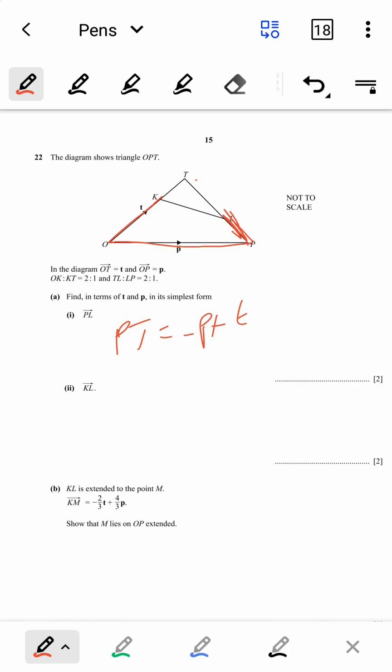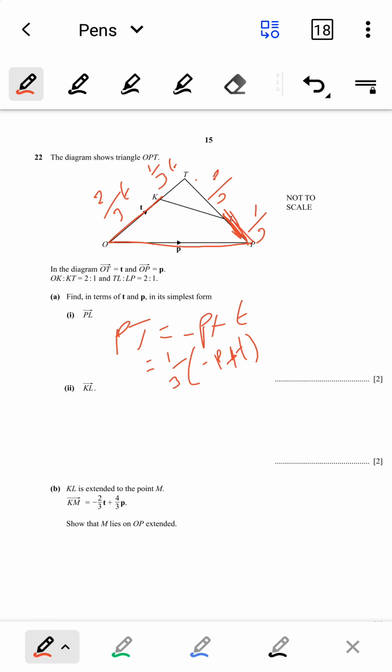Very clearly they are telling 2:1, that means 2/3 of T, and this is 1/3 of T. Here also TL is 2:1, so 2/3 here and 1/3 here. I'm right. So we need the PL vector. PL will be moving in this direction, so minus P plus T of this value. So 1/3 of minus P plus T.